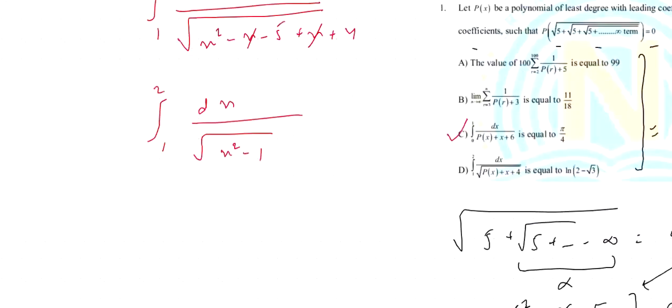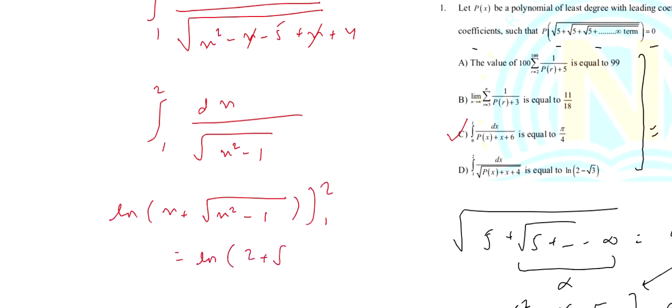That is ln of x plus the square root of x square minus 1, from 1 to 2. That is ln of 2 plus root 3 minus ln of 1, that is 0. Basically, that is ln of 2 plus root 3.